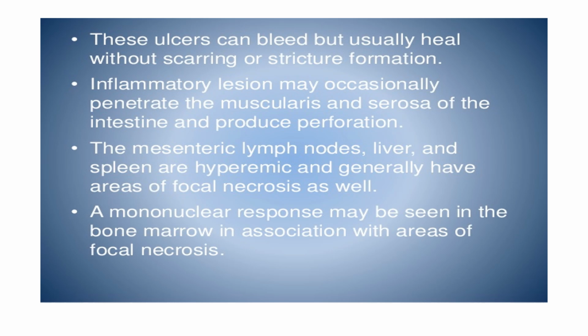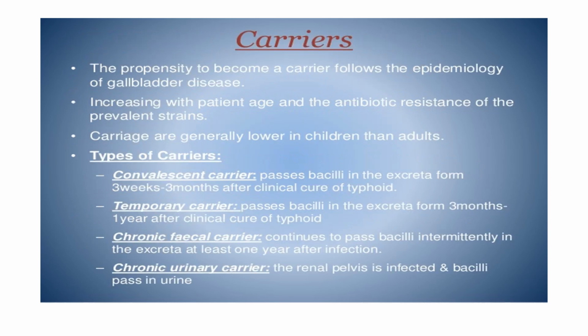A mononuclear response may be seen in the bone marrow with areas of focal necrosis. So you see the reticuloendothelial system is primarily involved in enteric fever, as well as the bone marrow. So these children usually present with signs and symptoms related to the GIT and to the bone marrow.